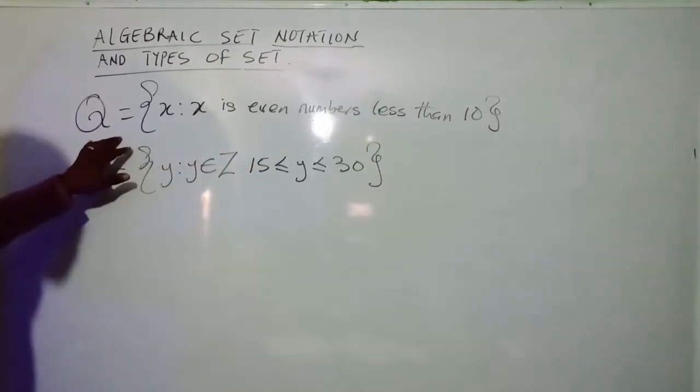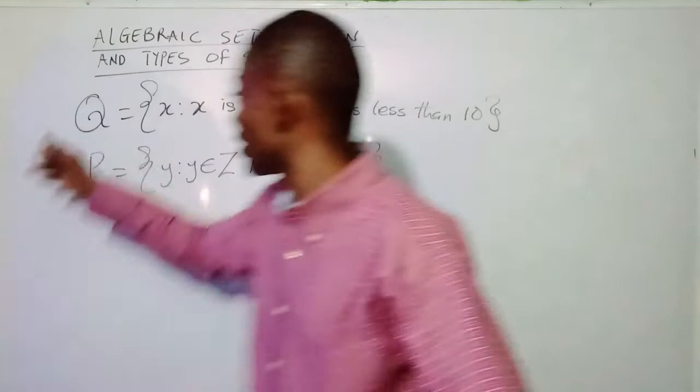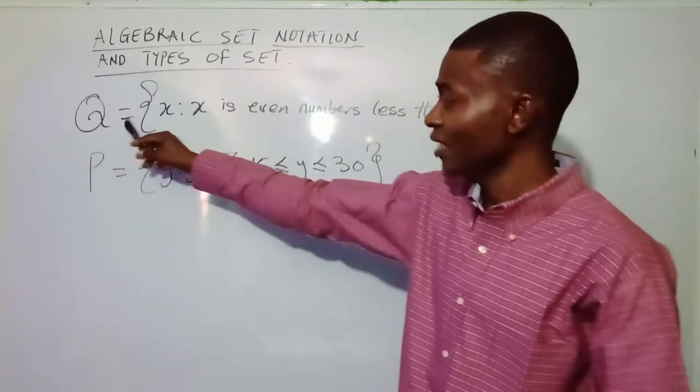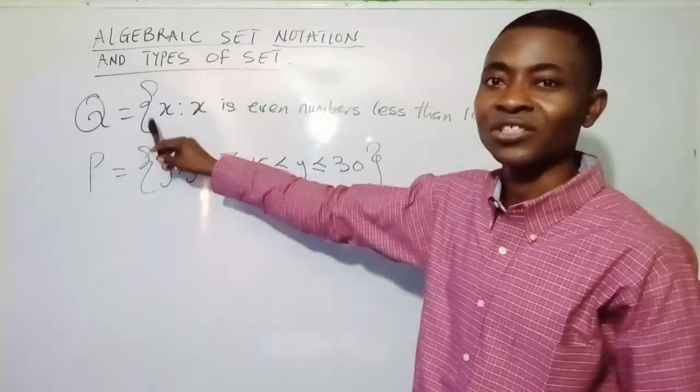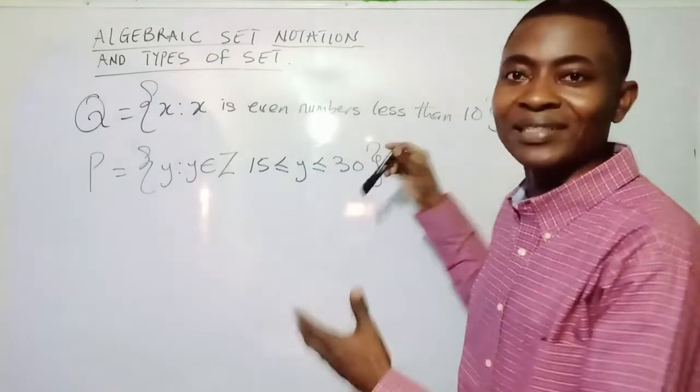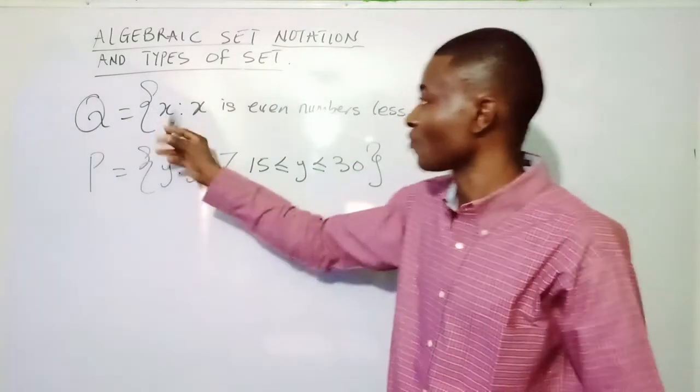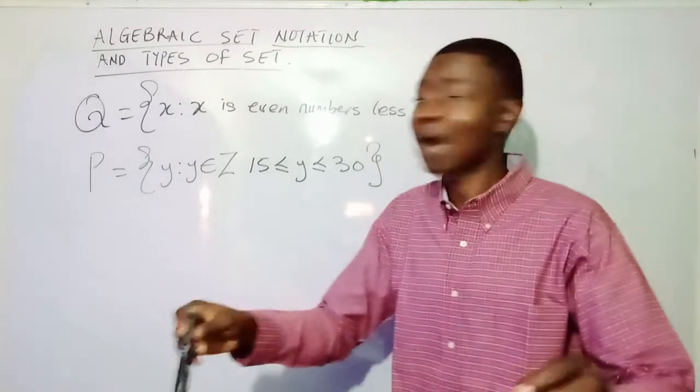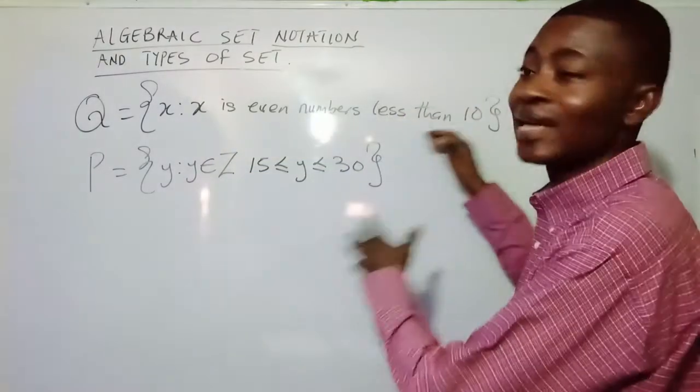So what does this mean? This simply means that Q is a set of x, such that x is an even number less than 10. That is, Q is a set of x, so that the values of x are a set of even numbers less than 10.